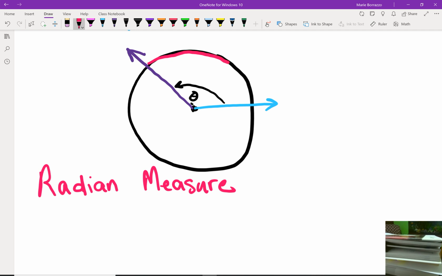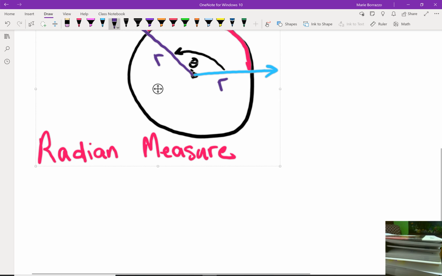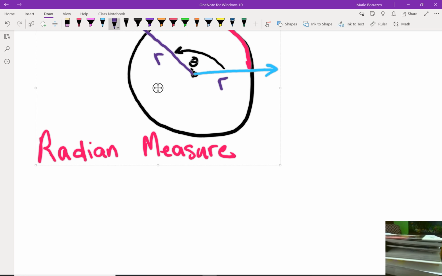This arc length in red, that's your, let's call it S. So these radii that are sitting here basically give us this formula where theta is going to equal the value of the arc length over r radians.